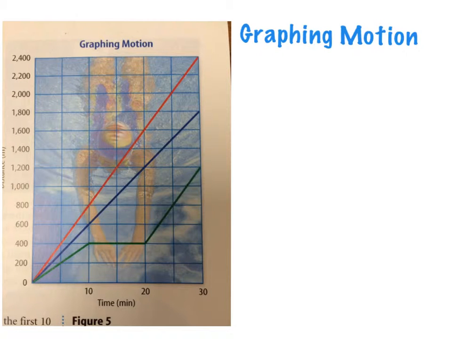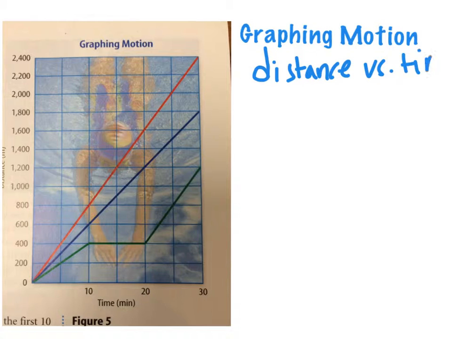Number 3A, a distance versus time graph makes it possible to show the motion of an object. Look at the red and the blue lines in the graph. In 10 minutes, the red line went 800 meters. So if you look at 10 minutes here, it went 800 meters in 10 minutes.